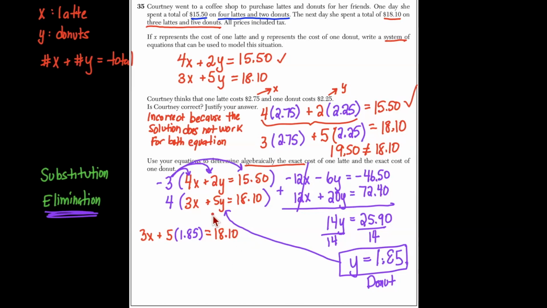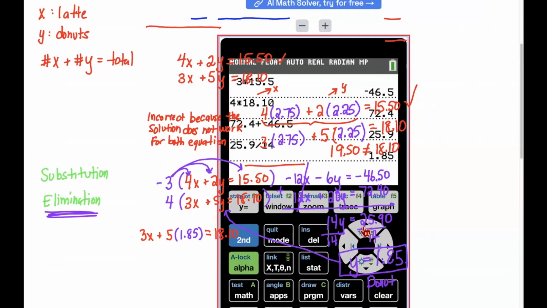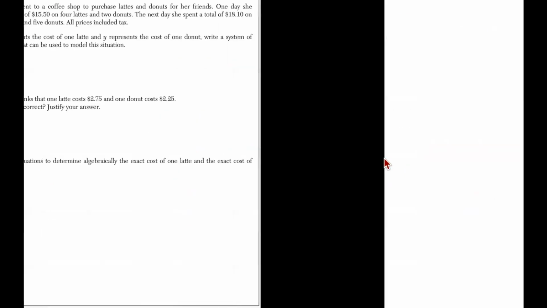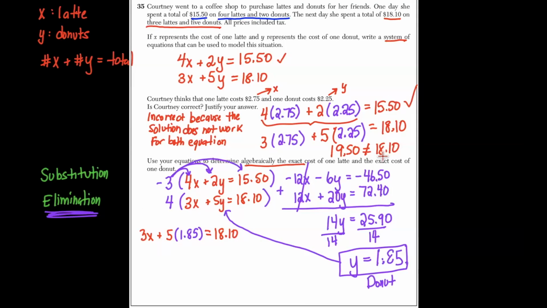So first step is just multiply this out. That's just a number. 1.85 multiplied by 5 is going to give me $9.25. So I've got 3x plus $9.25 is equal to 1810.